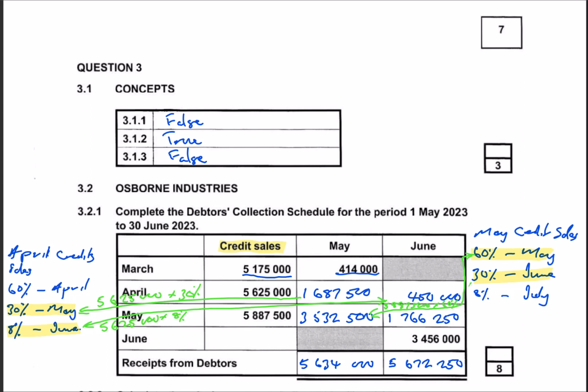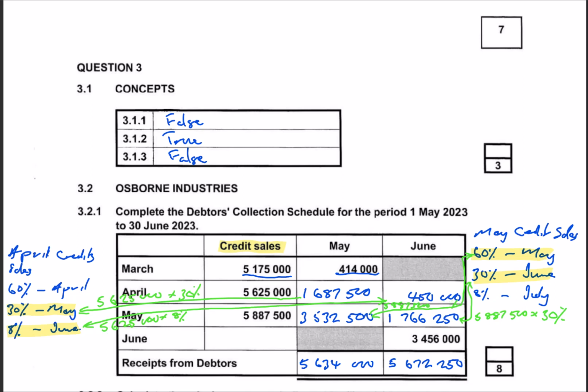Then for this one here, we said 5,887,500 times 30%. And just make sure that this looks clear.